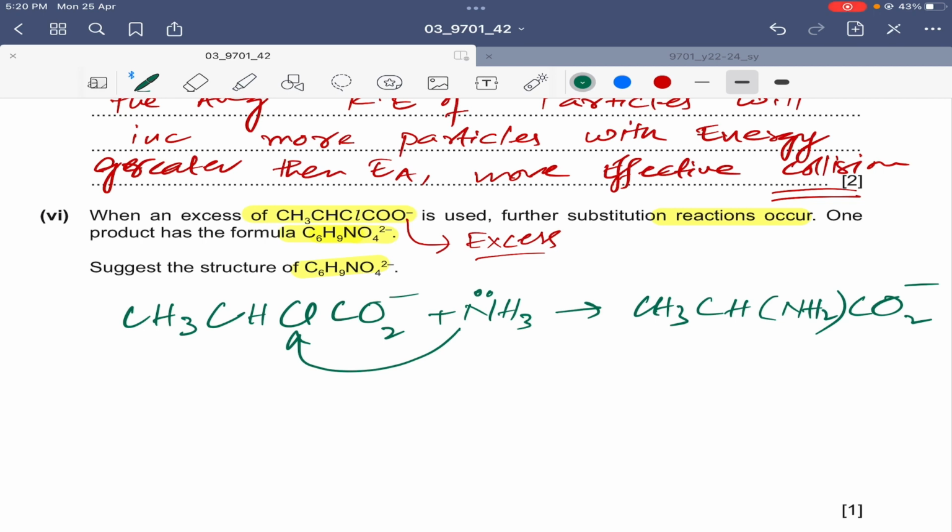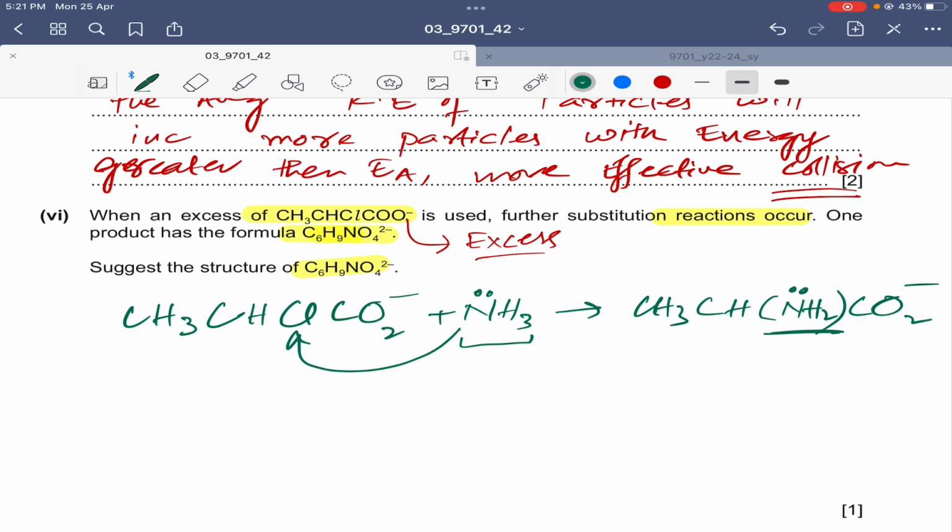And once it removes Cl and it loses the proton, because the original molecule was NH3 and we are left with NH2, it has lost one of its protons to regain its lone pair. So nitrogen has regained its lone pair. So that means it again can act as a nucleophile.